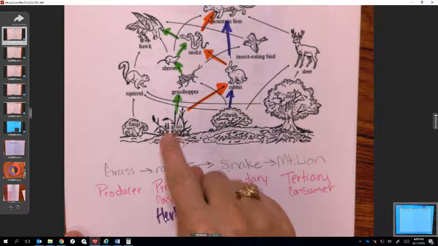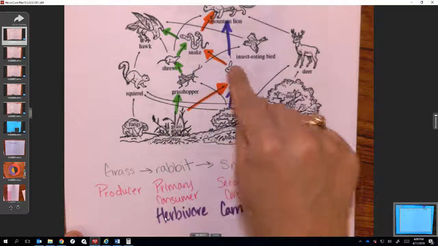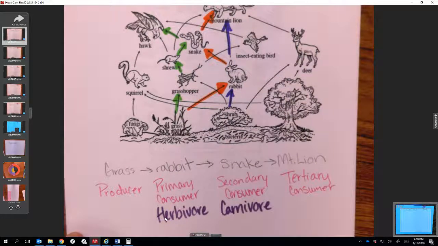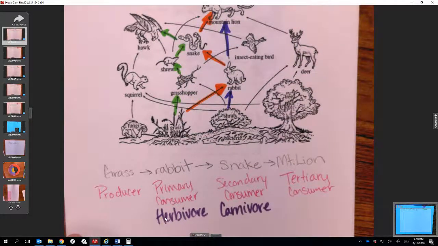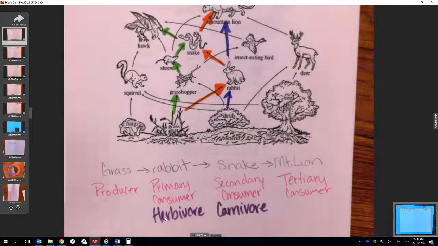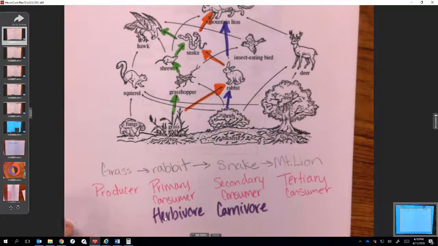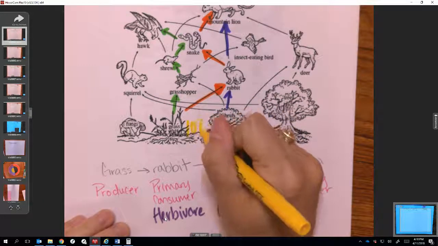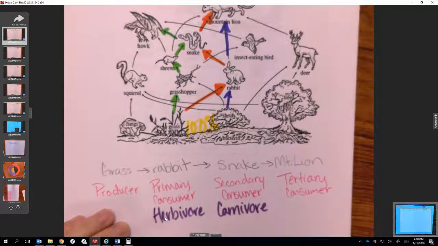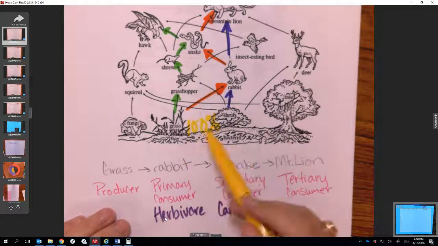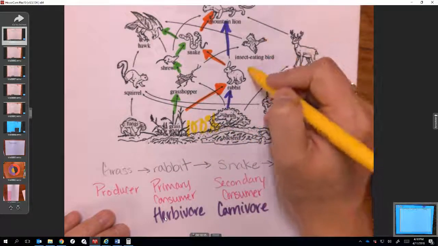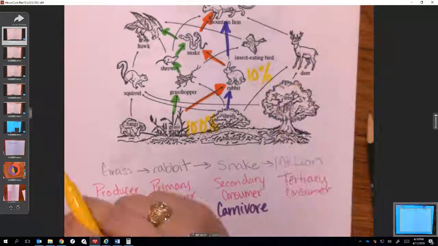Now, as you move up this food web or this food chain, the organisms are going to use energy. So if we look at our grass, our shrubs, this is going to be making 100% of its energy. The grass is going to use it to grow and reproduce, and it's only really going to pass about 10% of that energy to that rabbit.